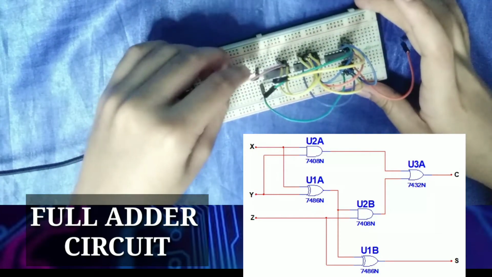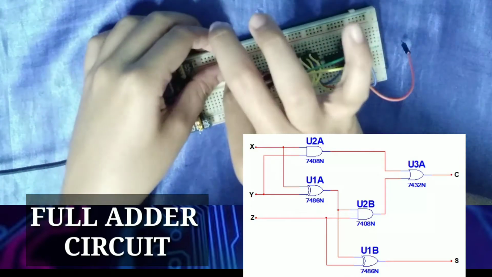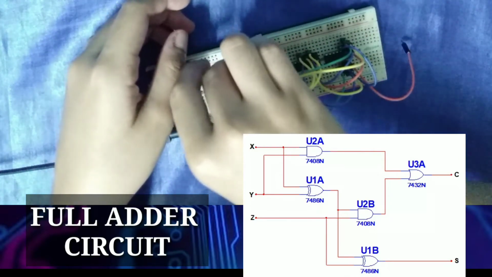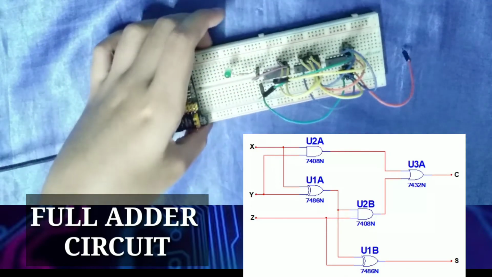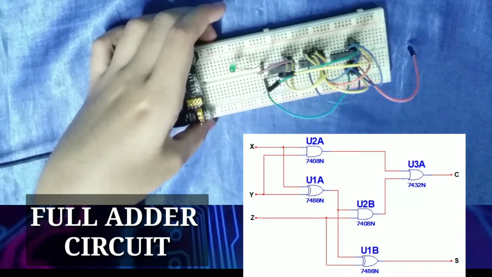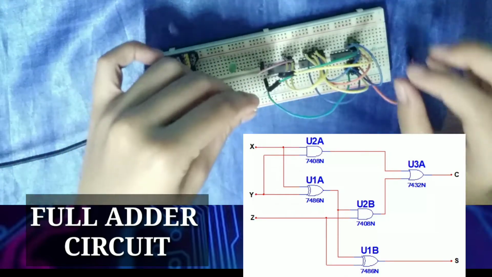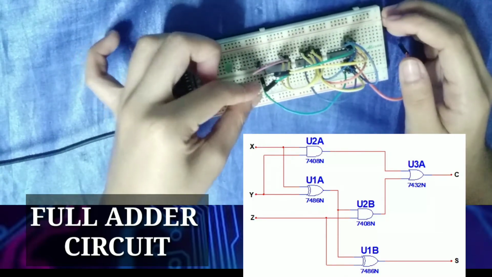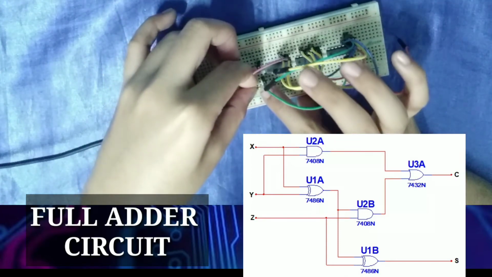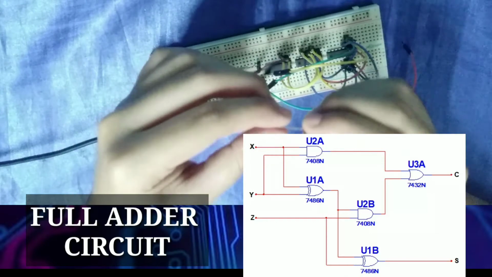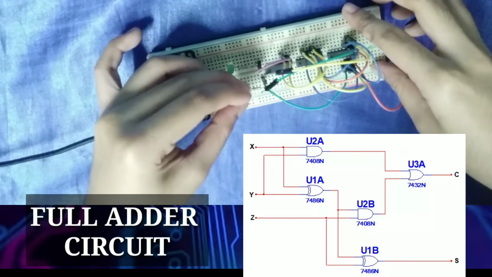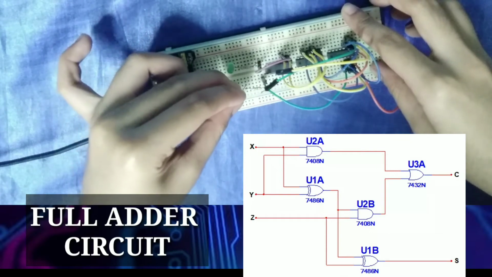For easier reference, our green LED will be our indicator for the S output, or the sum, and for our red LED, let's first connect a 360 ohm resistor here on the carry output. So our C output will be the red LED here on the other side of our breadboard.